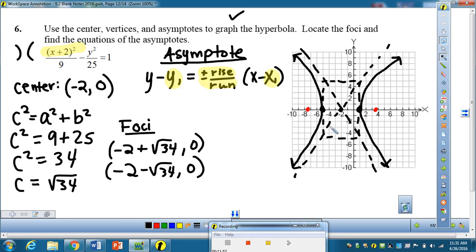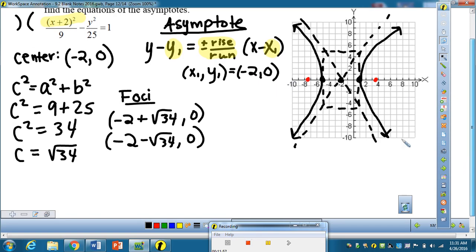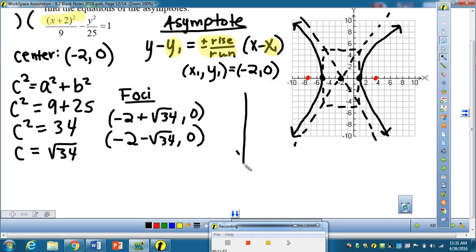So let's try this out. Let's say that (x1, y1) is equal to our center of (-2, 0). I'm just going to bring all of this down below. So we have y minus y1, so y minus 0.